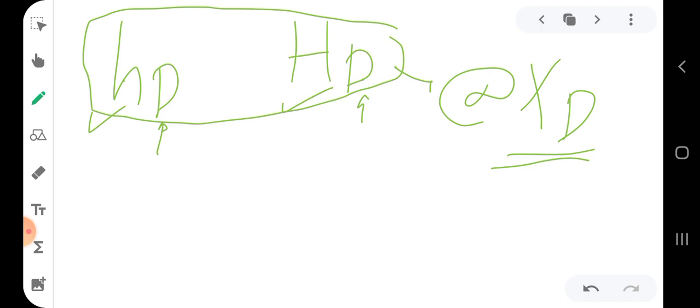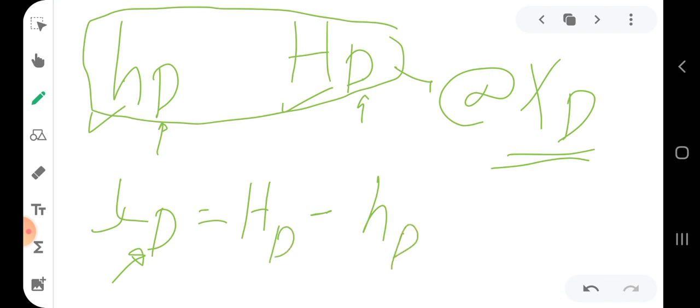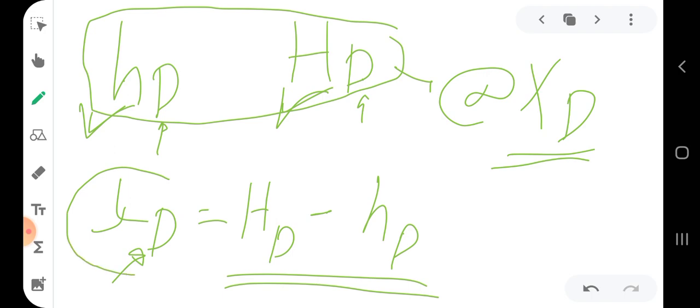After that, let's define a quantity called lambda d. This lambda d represents the difference between the enthalpy in the vapor phase minus the enthalpy in the liquid phase, and since we write d, we refer to the distillate. So after getting H small d and H capital D, just get the difference between them and call it lambda d.